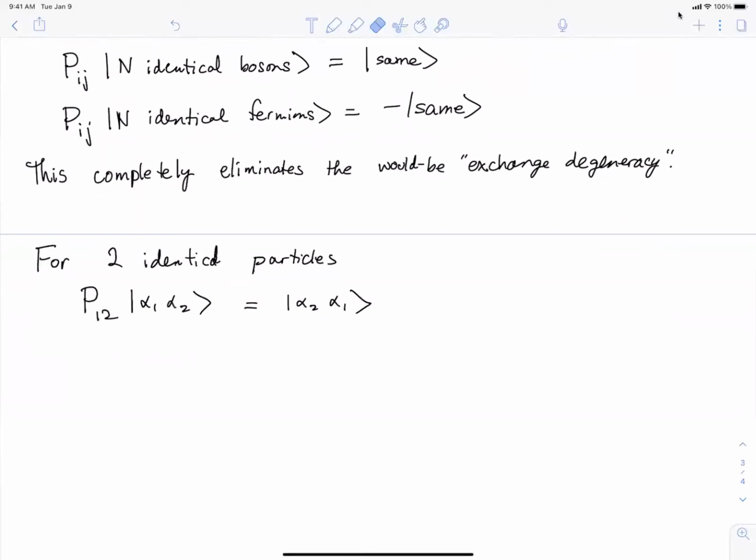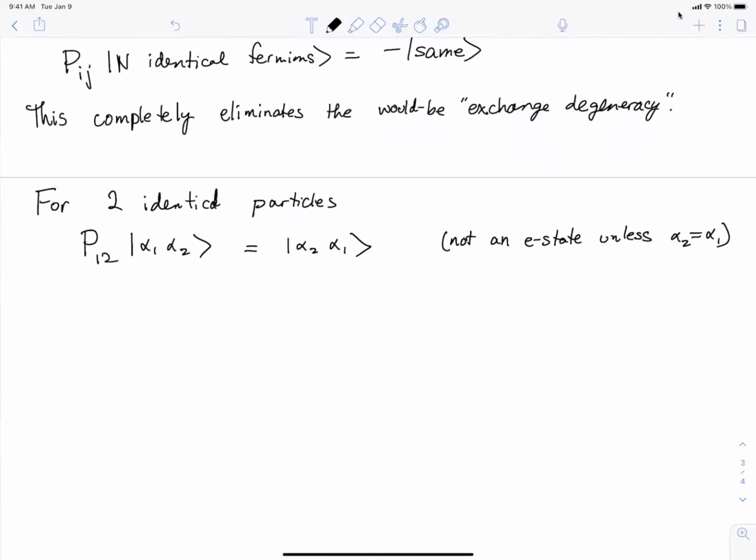Okay, and this is not an eigenstate of the pair exchange operator, and so it's not allowed as a physical state unless the labels alpha 1 and alpha 2 happen to be the same. And the same thing with alpha 2, alpha 1. Just writing down what it is shows that it's not an eigenstate.